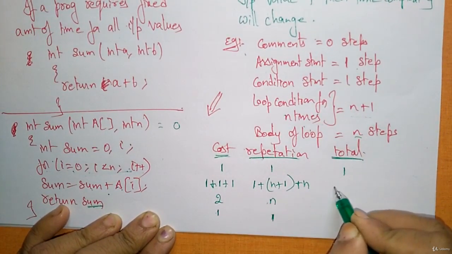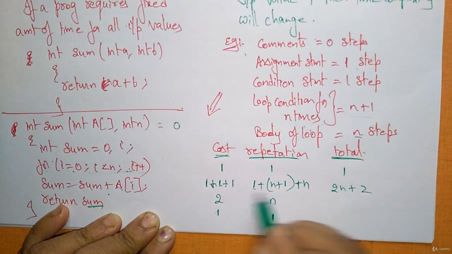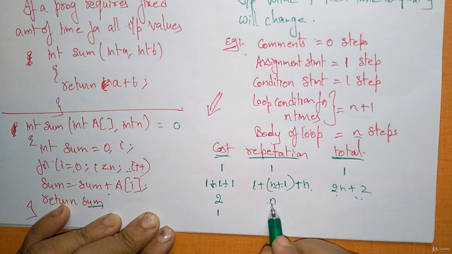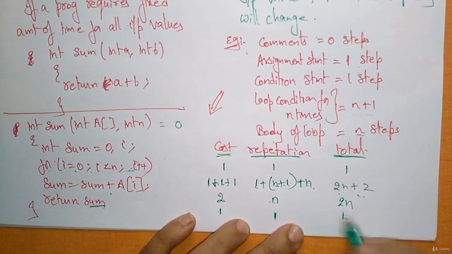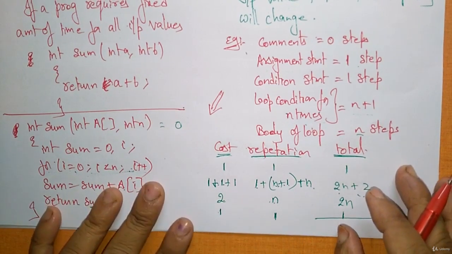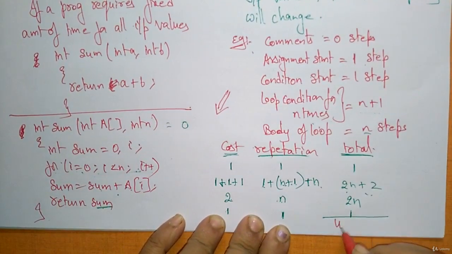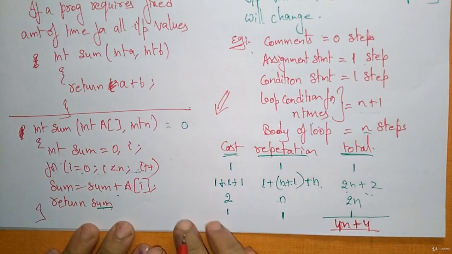So here this is 2n plus 2. 1 is multiplying here and 1 is multiplying for this. So the total is n plus 2 plus n, that is 2n plus 2, and 2 into n, 2n, 1 into 1, 1. So the total time complexity of this simple program is 4n plus 4.